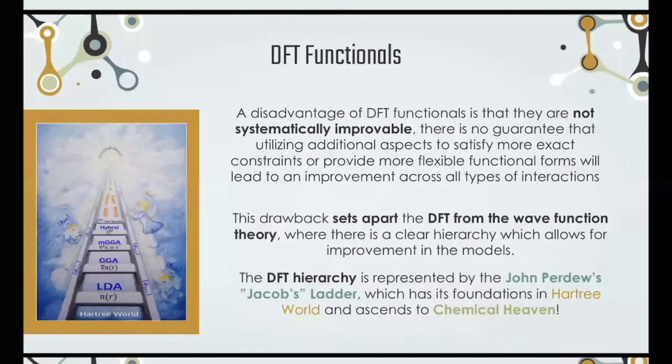So I'm going to explain a little bit about how DFT functionals work and how they don't work. A way that they don't work is that they cannot be systematically improved. There's no way that you could go back and tweak things, because there is no guarantee that using additional factors could satisfy the more exact constraints or give a more flexible functional that will account for all of the types of interactions that occur in a system, right?